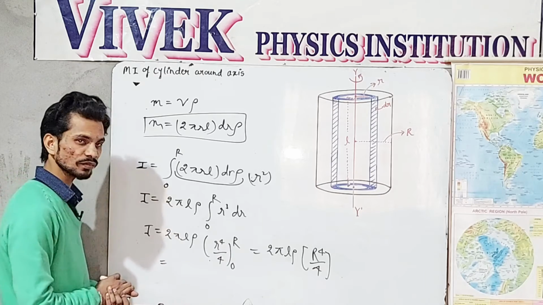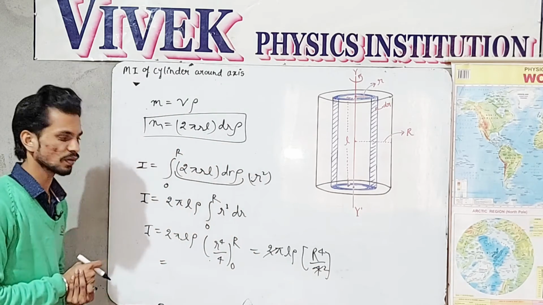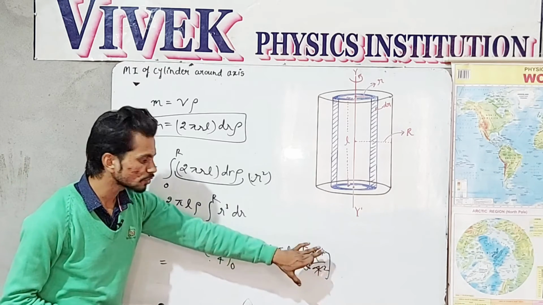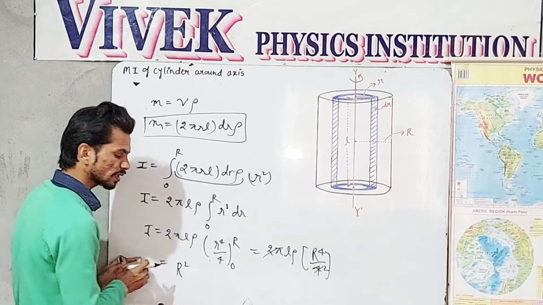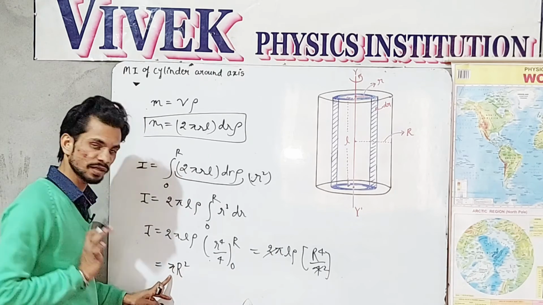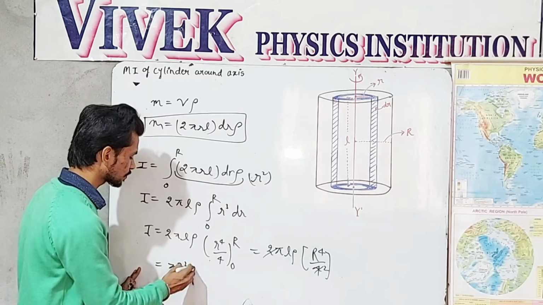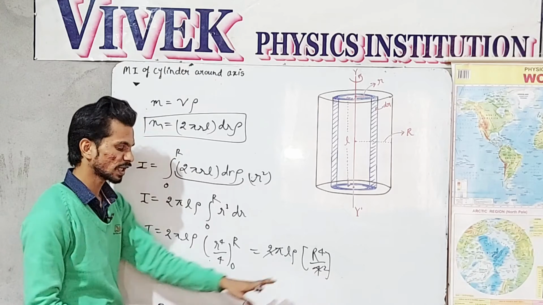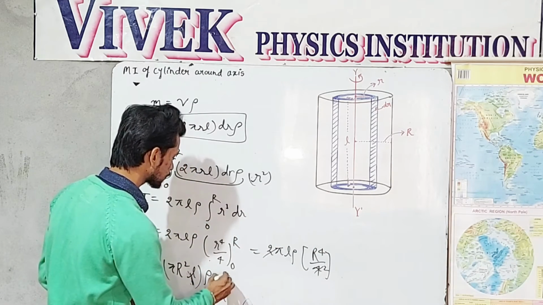Again, you can see that 4 can cancel as 2 times 2, and here I am taking R squared out of R raised to power 4. So this is R squared, and here pi L rho, and the remaining term is R squared divided by 2.